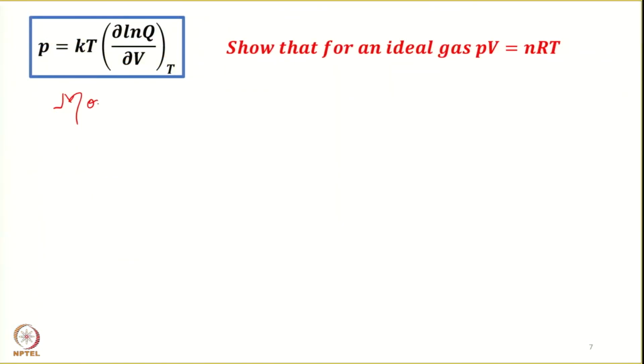You can start with a complicated system also, that will also allow you to eventually arrive at the same result, but why not start with a simple system? We start with a monatomic perfect gas. Argon, helium, neon, these are some of the examples.